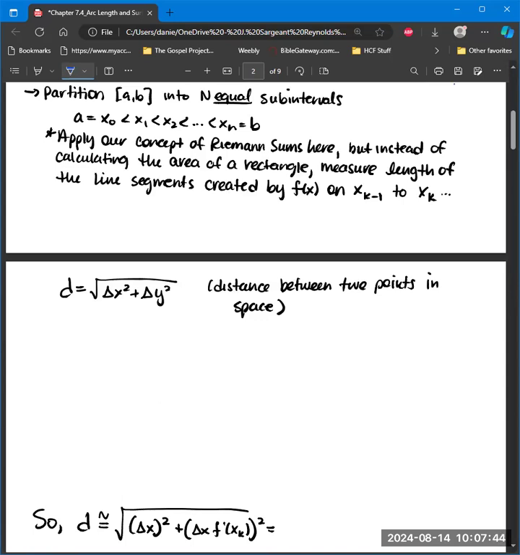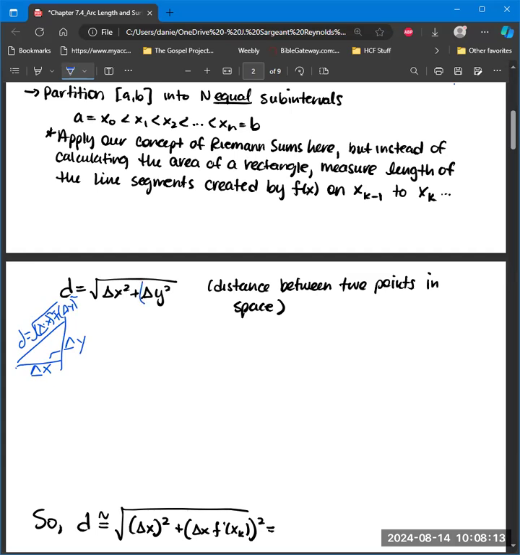And we're going to be using this distance formula here, from the Pythagorean theorem: if this is delta x and this is delta y, and we call this side d, then d squared is delta x squared plus delta y squared. So d is going to be the square root of (delta x) squared plus (delta y) squared.